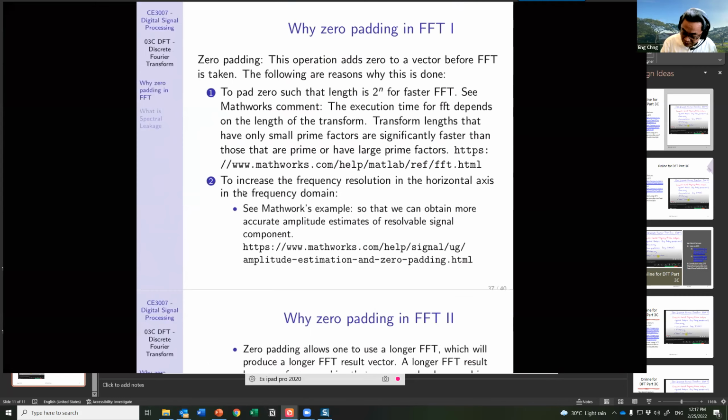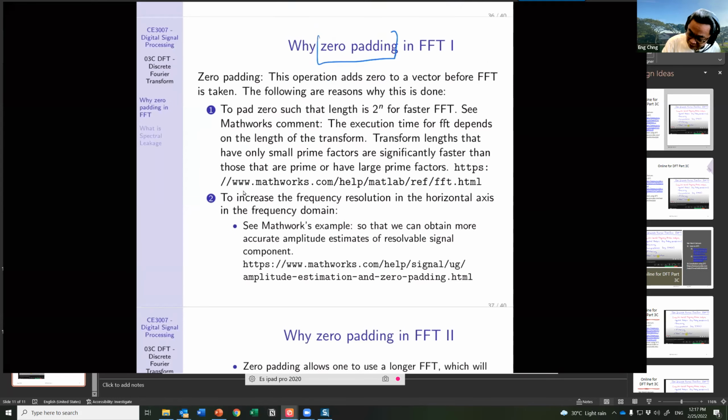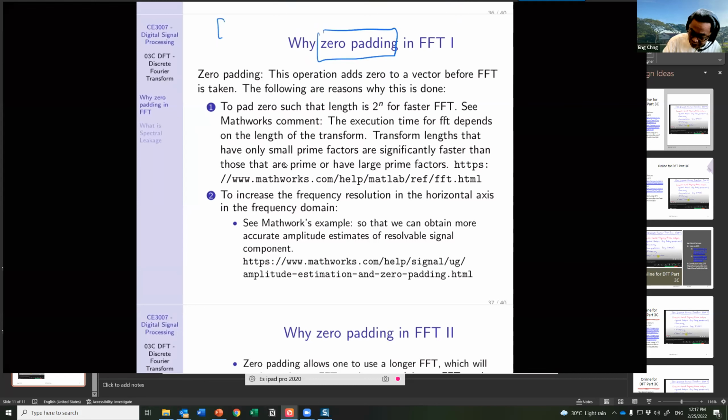All right, so the last one. We have discussed why zero padding already. One of the reasons is, if I only have a sequence of 1, 2, maybe until 118, for example, 118 is not a very nice number. The nice numbers in math or in FFT are 2, 4, 8, 16. What do you think these numbers are? These numbers are nothing but 2 to the power of n.